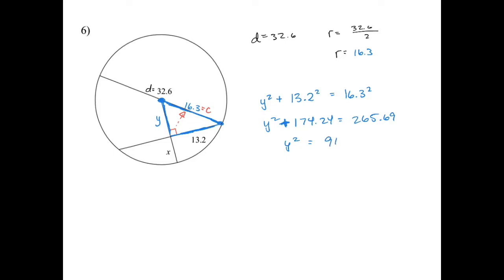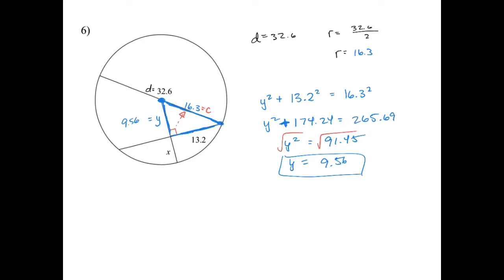I got 91.45, and I can get rid of the square by square rooting, and y equals about 9.56. So this little chunk is 9.56.